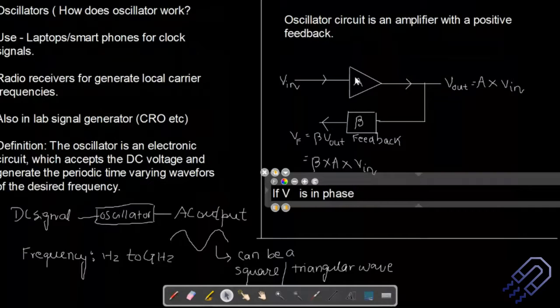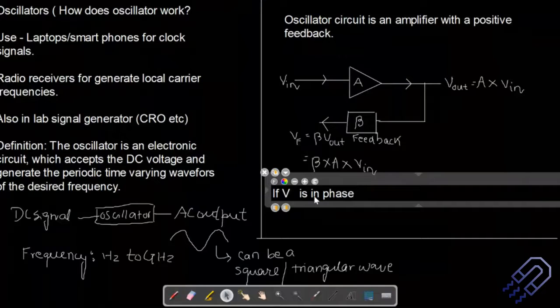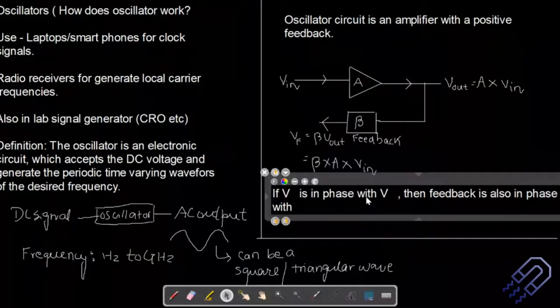If it is the inverting terminal, it will be 180 degrees out of phase in an op-amp, if you remember. So if this V output is in phase with V input, then the feedback is also in phase with V in, right?